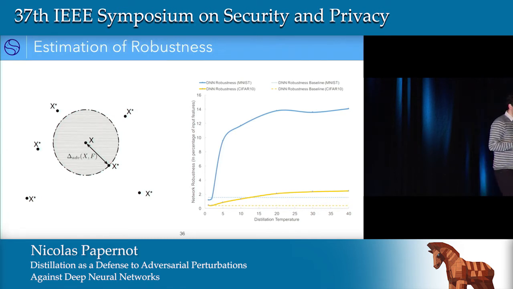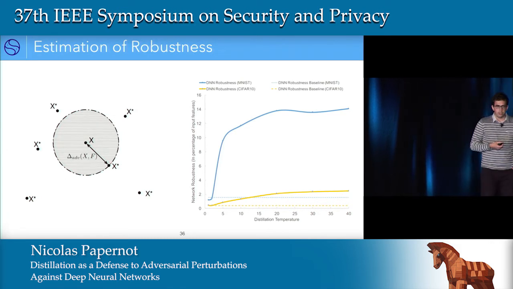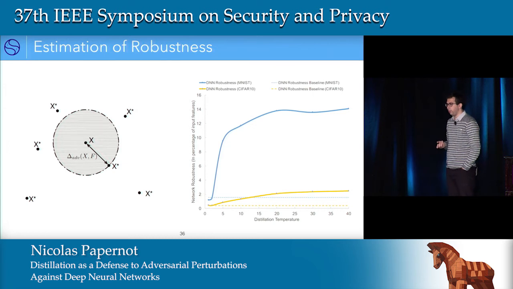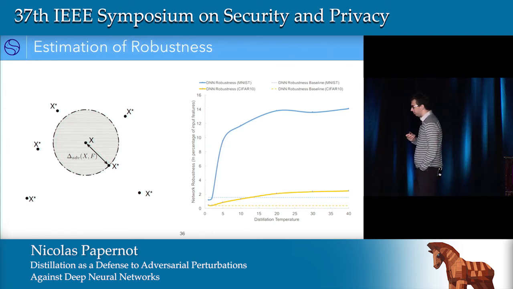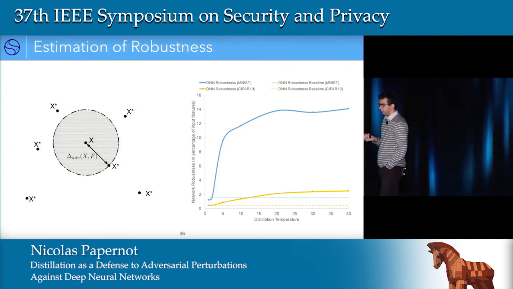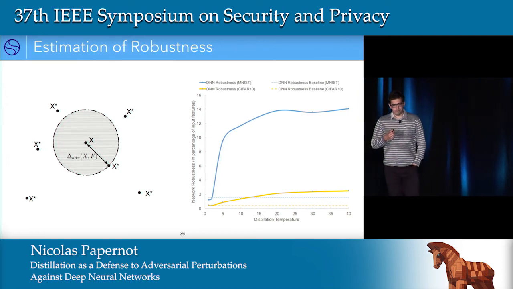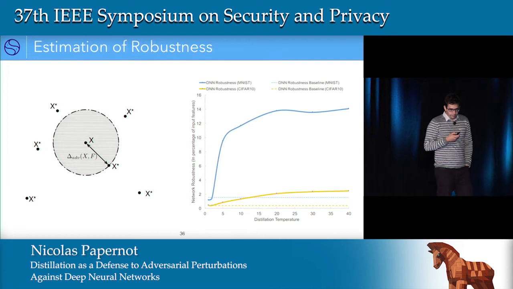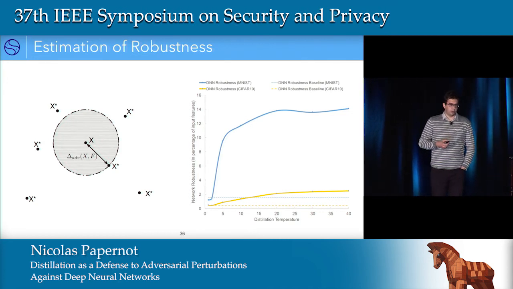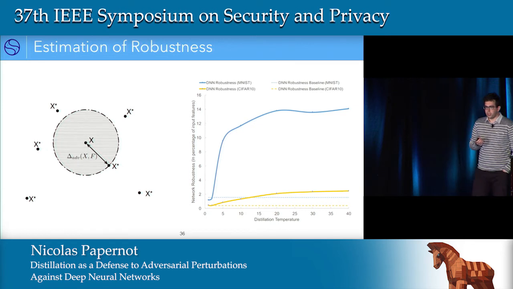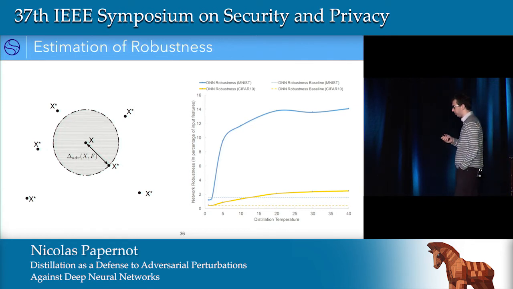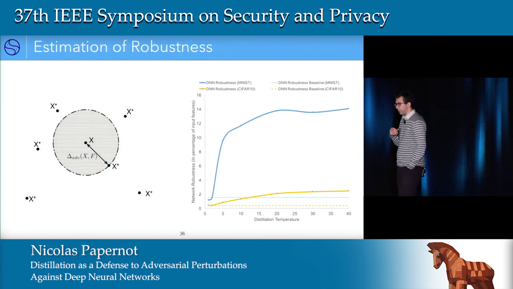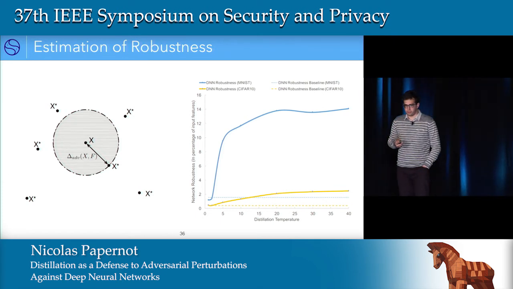And we estimated the robustness because it is not possible to compute it exactly. So what we did empirically is we considered the test set for each data set, and we computed all possible adversarial targets for each input, and we identify the smallest perturbation which achieves misclassification in any class that's different from the legitimate class.